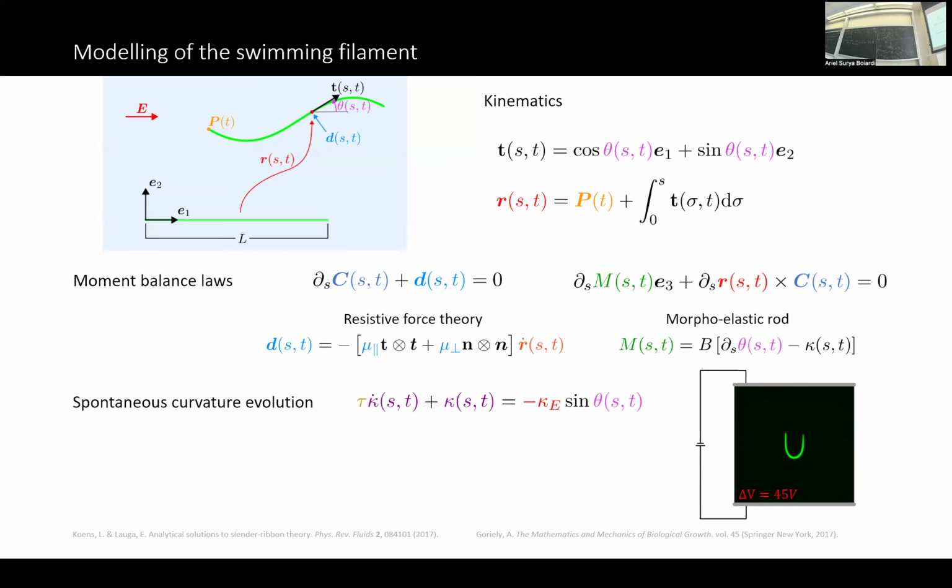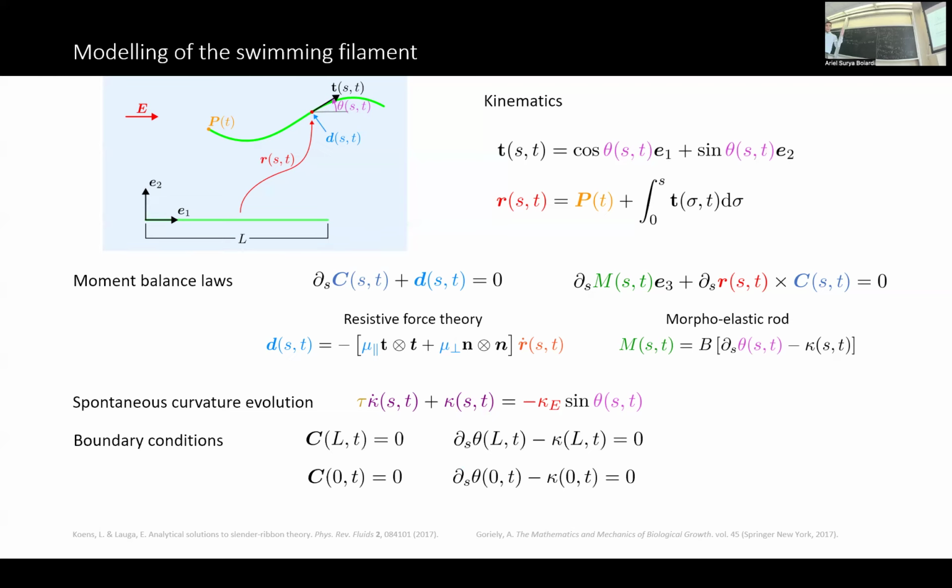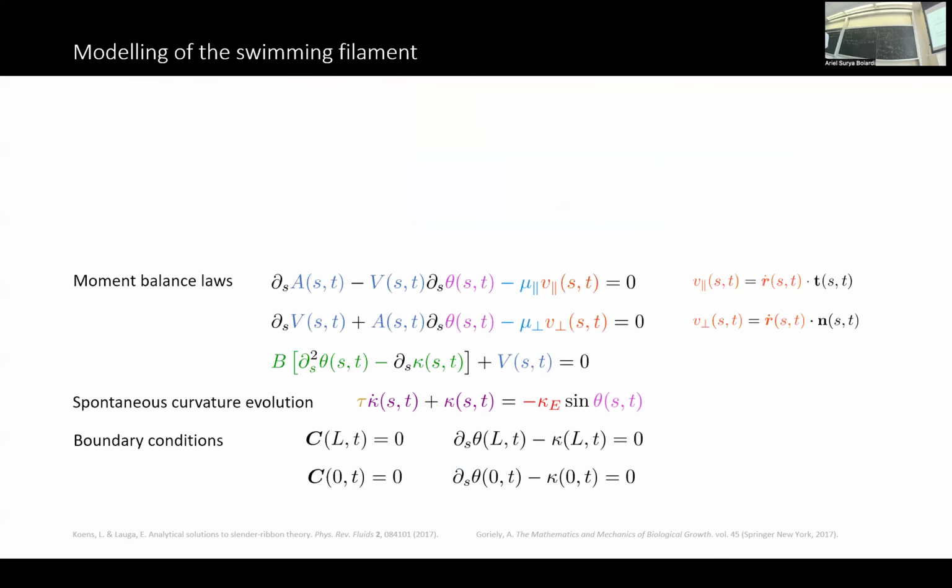There is a characteristic response time, which is denoted tau, and by modulating the target curvature by this sine theta, we represent the fact that the curvature localizes only where the filament is orthogonal to the field. Finally, we close this system with boundary conditions, which represent the fact that the filament is free at both sides.